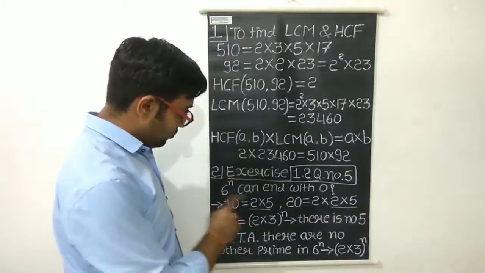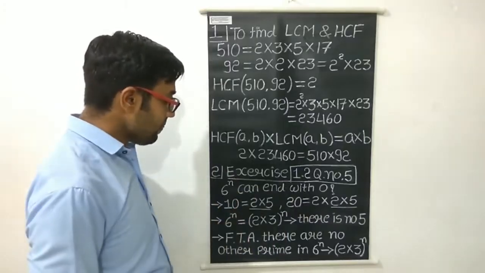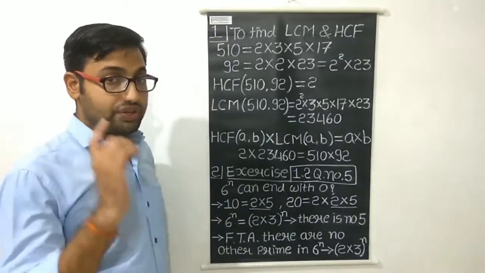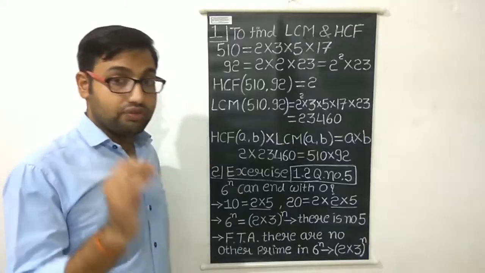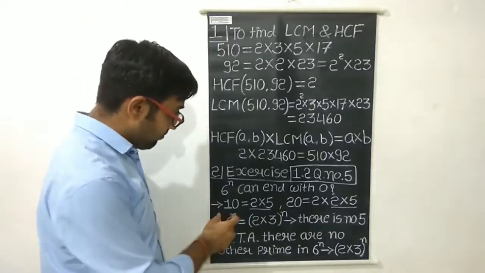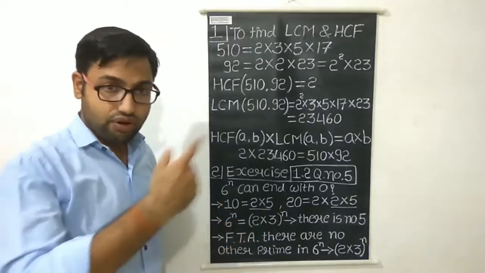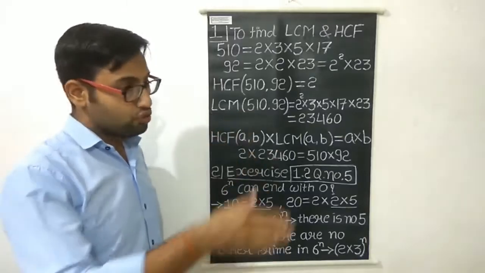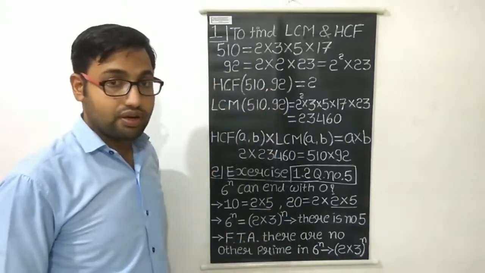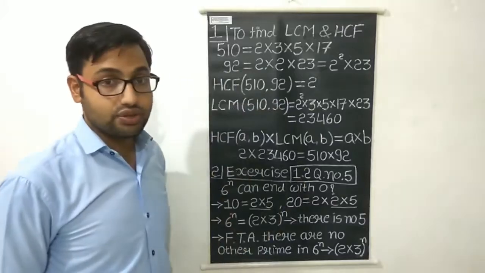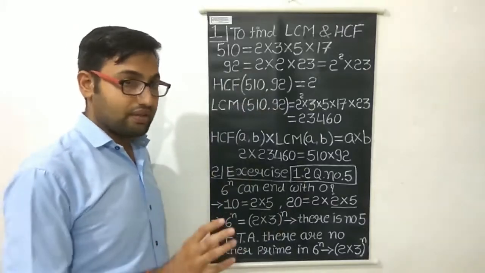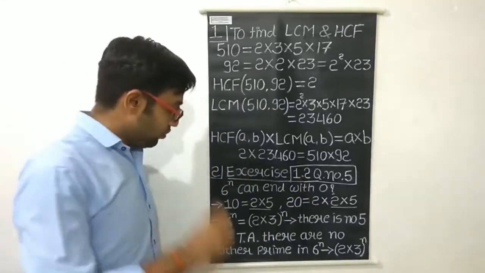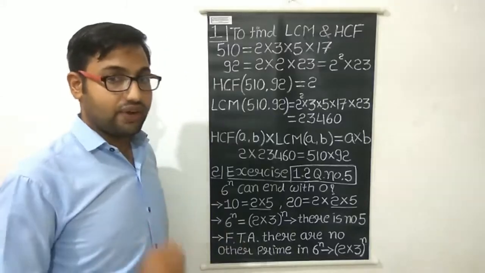Okay, to understand this, first of all, which number is the first one that has 0? The first number with 0 is 10. Before that we get 9, 8, 7. So before 10 we cannot get any number which has last digit 0. Yes, 0 itself is there, but we cannot factorize 0. So we have to select a number which we can factorize.